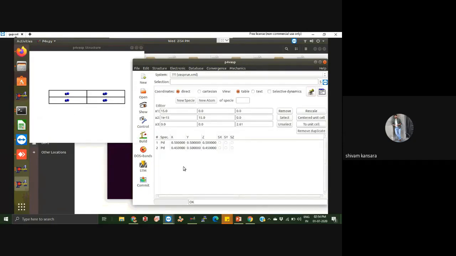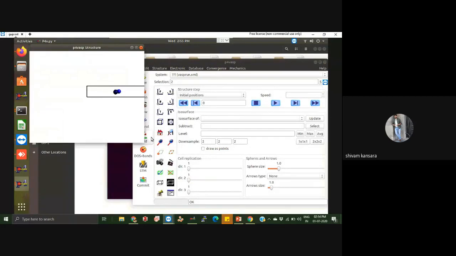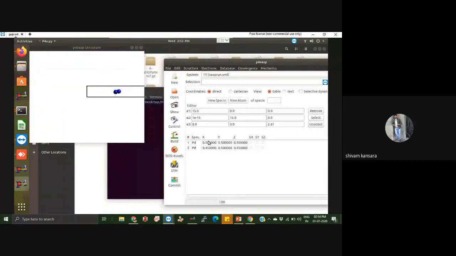This atom and this atom have some angle, because we have fixed the first atom in the z dimension at 0.5 and the second atom at 0.45, so there should be some angle. So this is a zigzag atom chain.